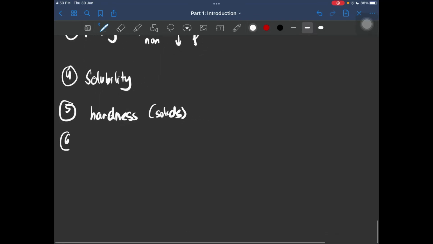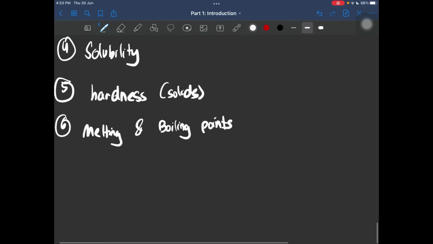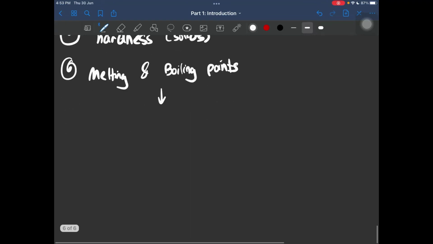Lastly, we're going to learn about melting and boiling points. This is one of the most important parts of physical properties. The melting and boiling points of the elements depend on the forces of attraction that keep these elements together.